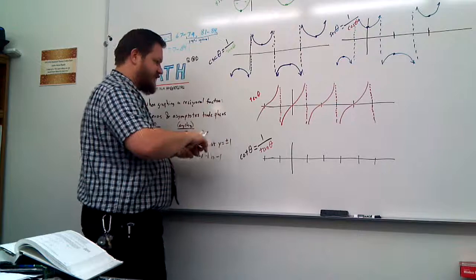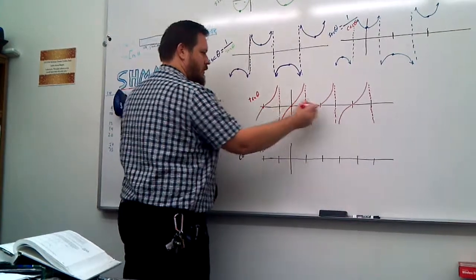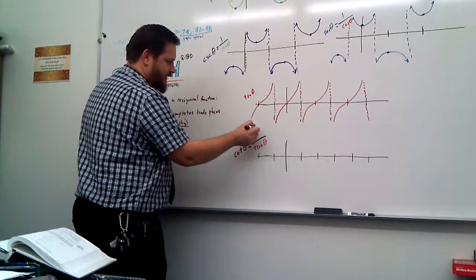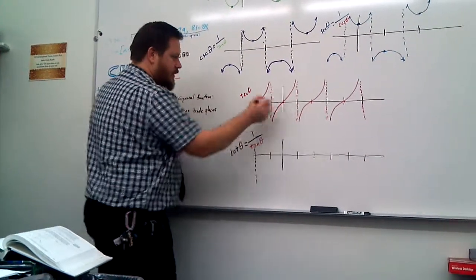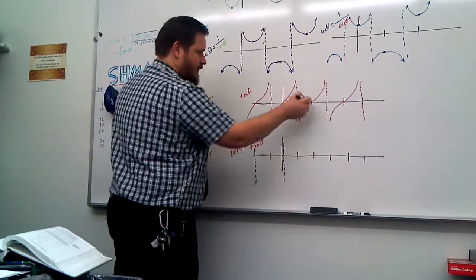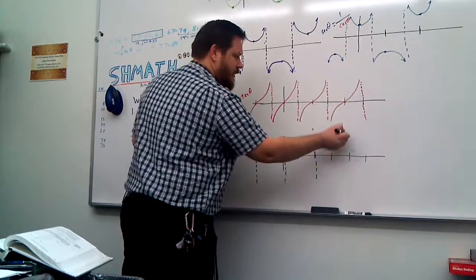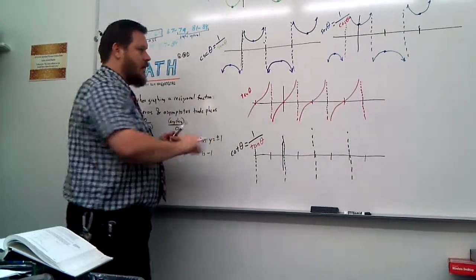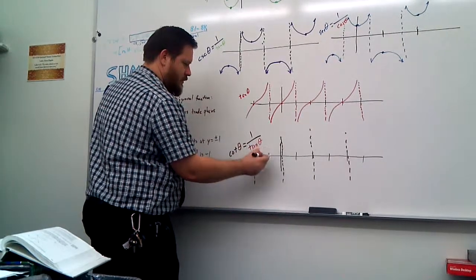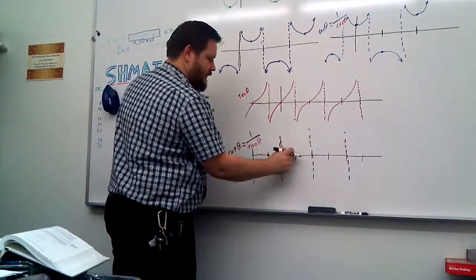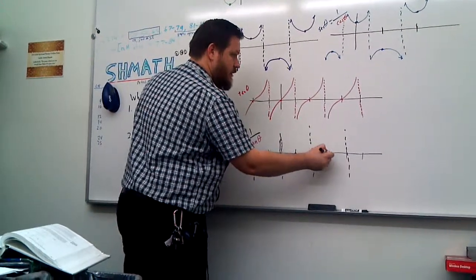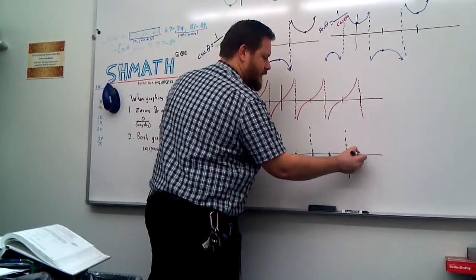Where tangent has a 0, here, here, here, cotangent has an asymptote. 0, asymptote. And where tangent has an asymptote, cotangent has a 0.